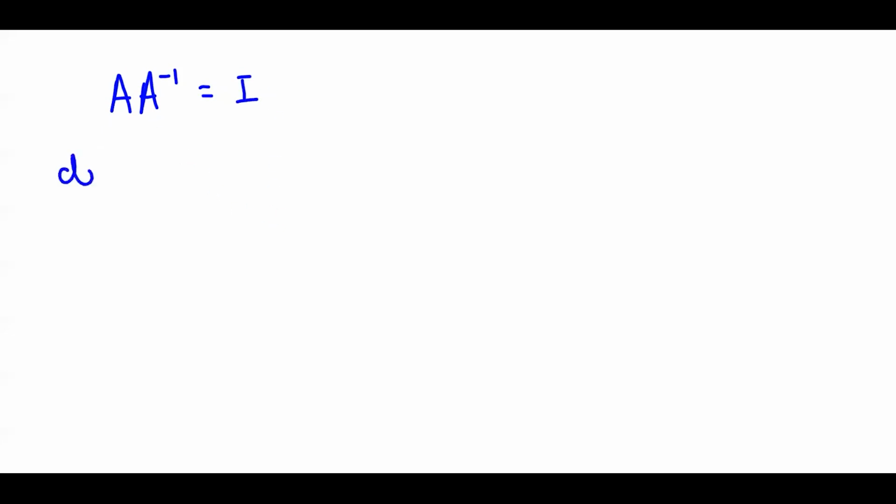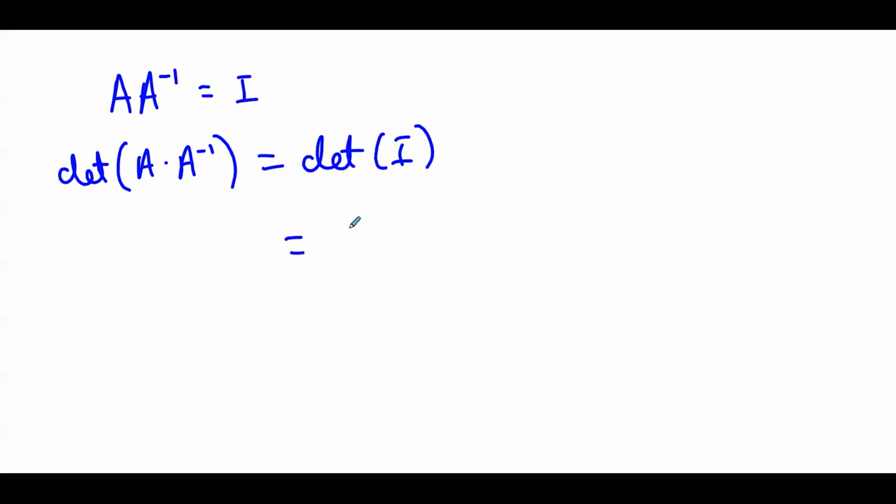And if I take the determinant of both sides, the determinant of the identity matrix is just 1, right? You should do that yourself. Take the determinant of an identity matrix, see what you get, but you're going to get 1.